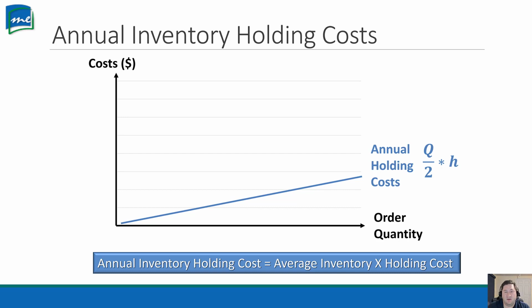And then we multiply that by our holding cost, which is H. So we have Q for quantity divided by 2 multiplied by H, which is the actual dollar amount of the holding costs. And as we have more quantity from left to right, our annual holding costs are increasing.